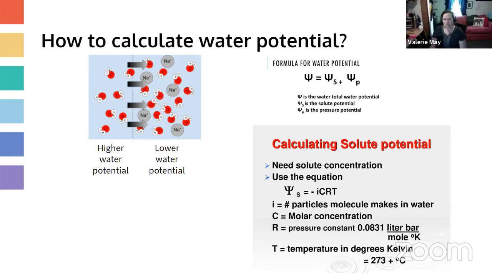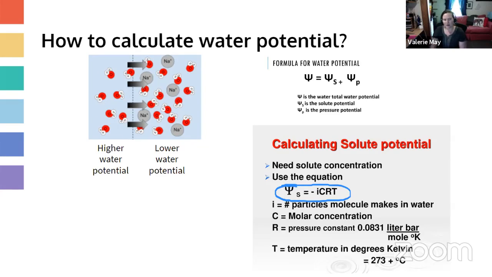So really just understanding that because of that negative sign there, as you increase the solute concentration, you decrease the potential that water will leave that solution because it's hanging out with all of these ions.